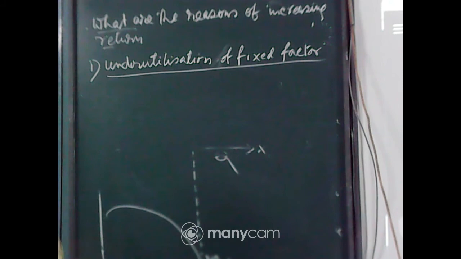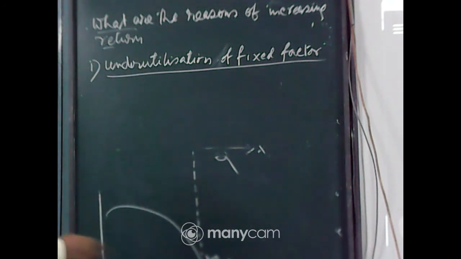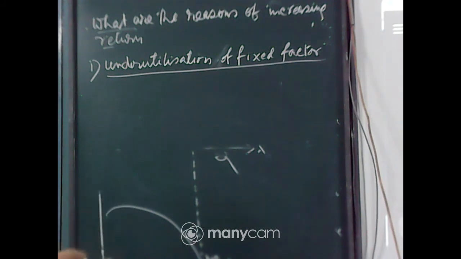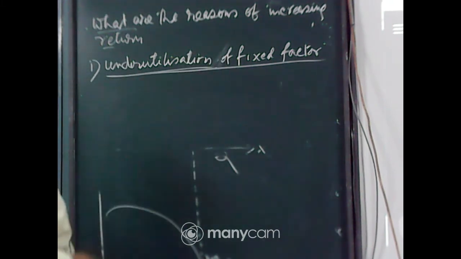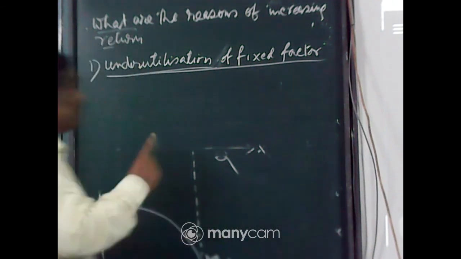If you can use it for a longer period by employing more variable factor, like a person, that is labor, one additional laborer can be employed. If you employ them, then you can work 8 hours, 10 hours, 12 hours. Therefore, the fixed factor can be fully utilized. It was underutilized. Now you are utilizing the fixed factor by increasing the variable factor, and by increasing the variable factor, the production will increase.